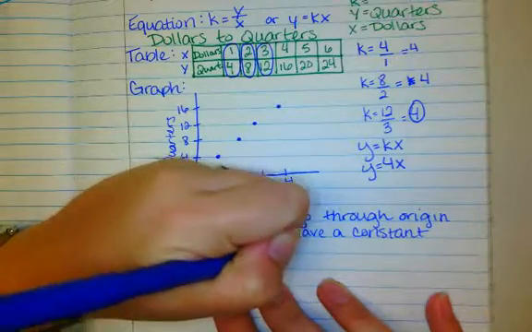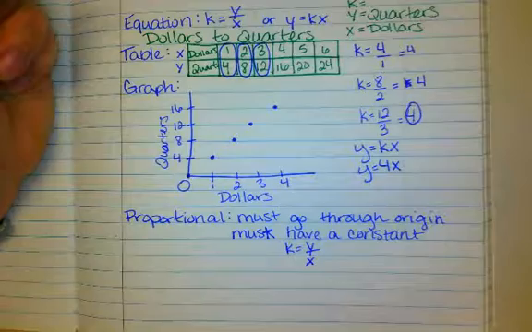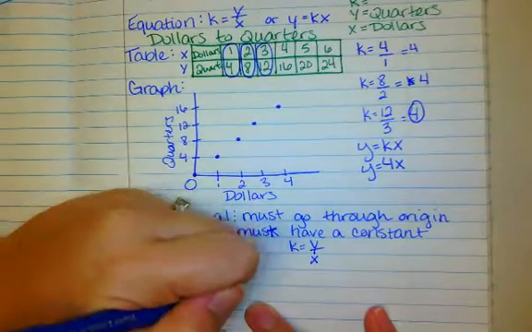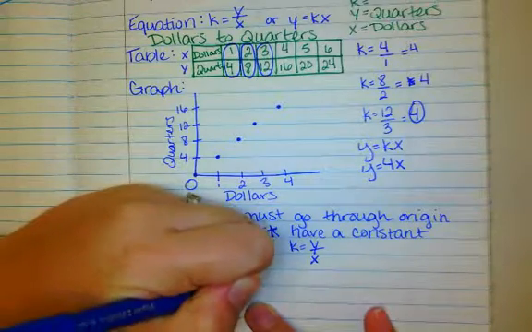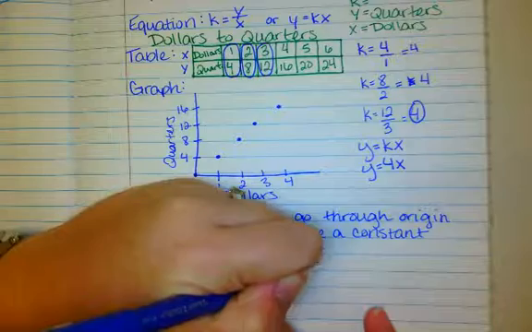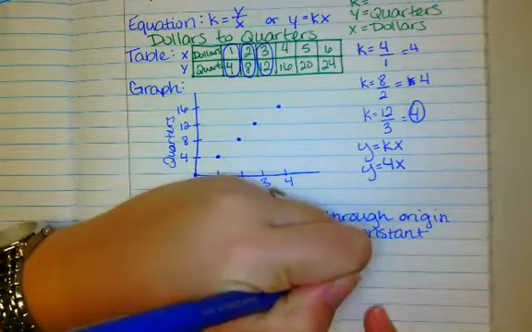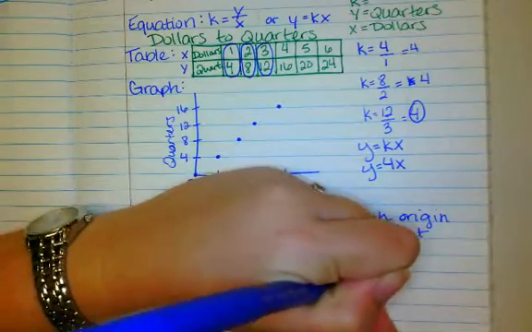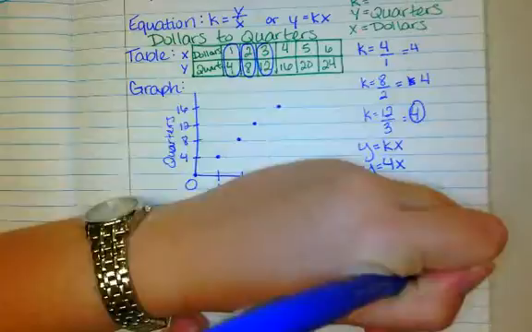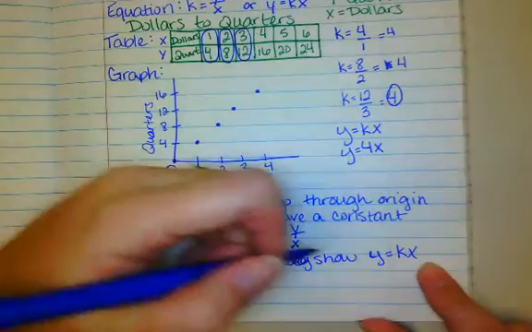So that means when I do constant equals y over x, it must have the same constant with a table. And with an equation, it must show y equals kx with nothing being added or subtracted.